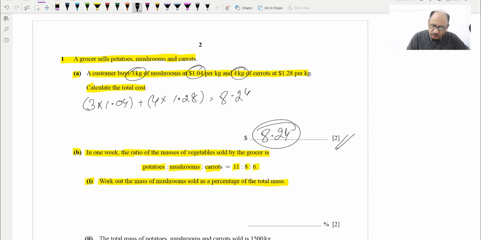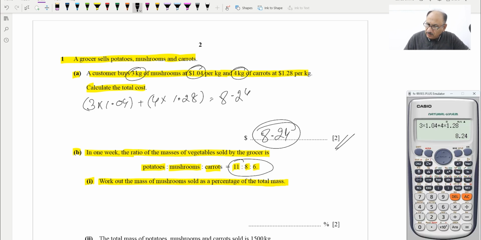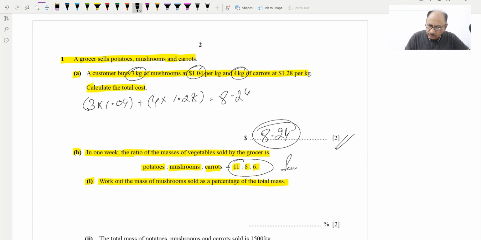So for the total mass we calculate the sum of ratios: 11 plus 8 plus 6 will be 25. Mushrooms are the middle one, which is 8, so 8 over the total, which is 25.